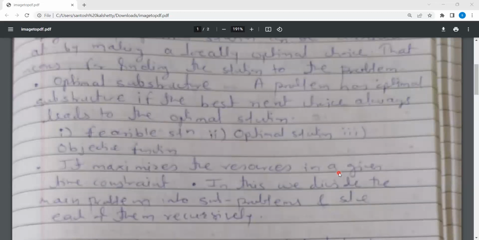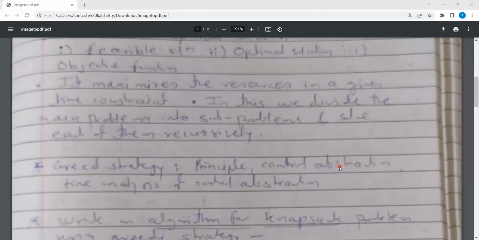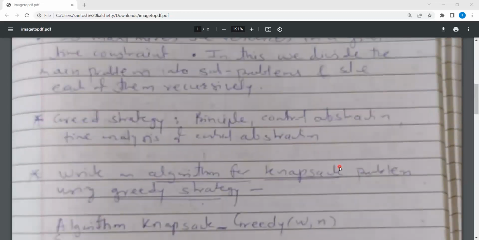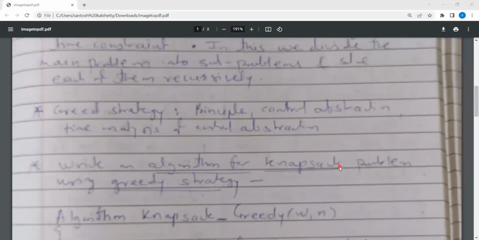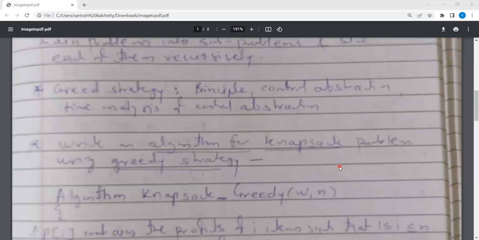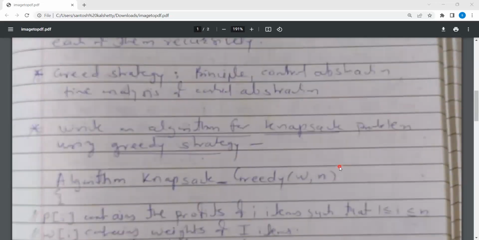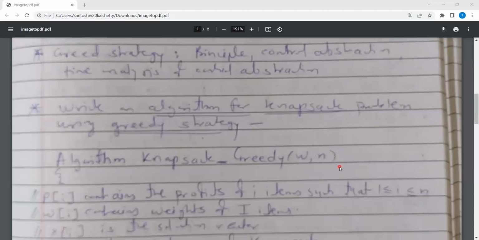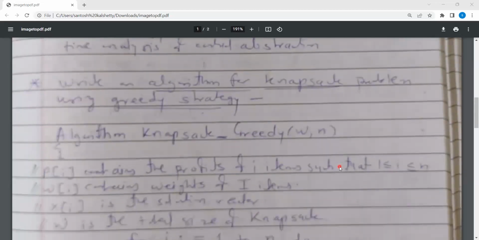Next point, greedy strategy. In this greedy strategy, we will learn principle, control abstraction, and time analysis of control abstraction.